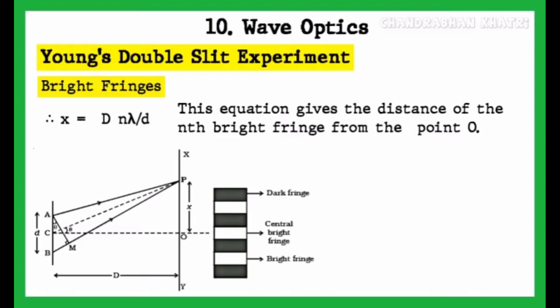So we can calculate the value of x is equal to capital D n lambda upon small d. This equation gives the distance of the nth bright fringe from the point O, as you can see in this diagram.